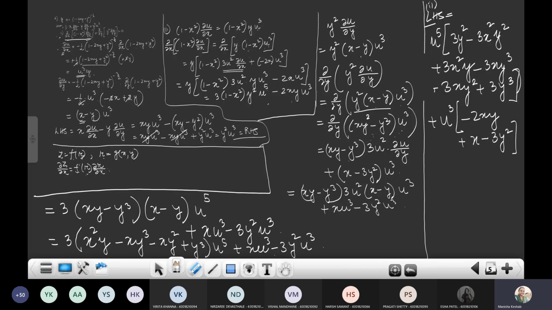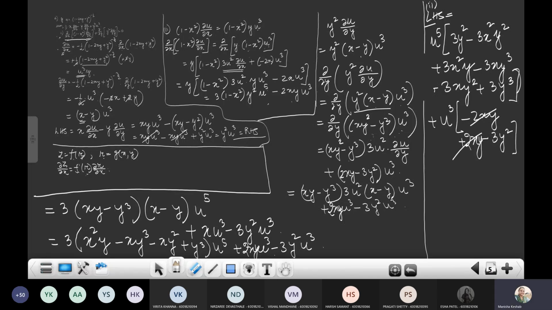Xy square, and here it is y cube. So xy square. So here it will be 2xy. So this part will be 2xy. Okay. So you can see minus 2xy plus 2xy is gone.